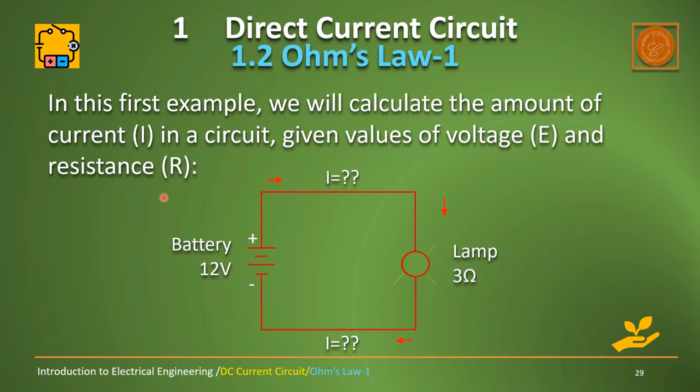In the first example, we will calculate the amount of current I in a circuit, given values of voltage E and resistance R. This is the circuit. We already know the battery voltage is 12 volts, and the resistance of the lamp is 3 ohms.